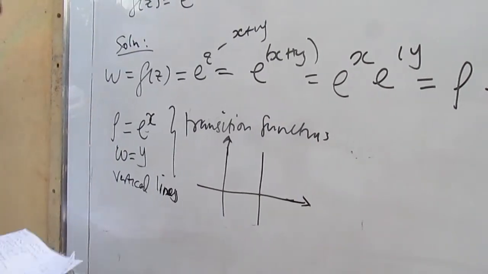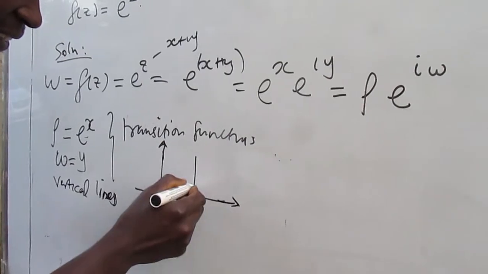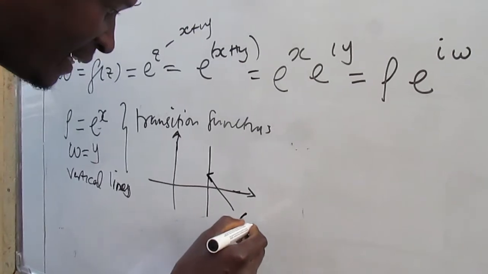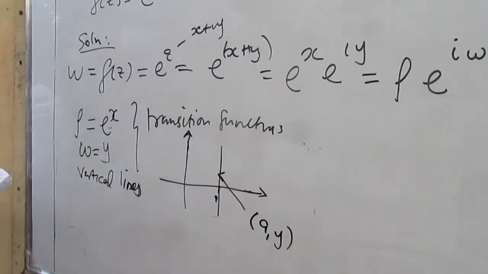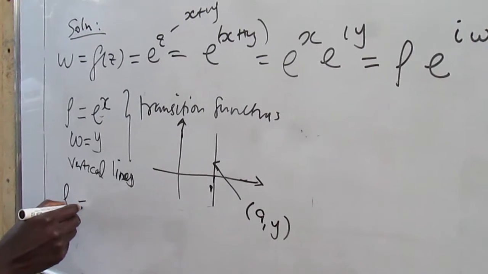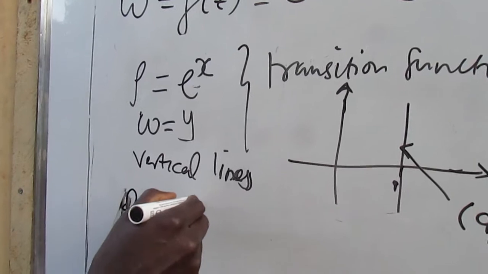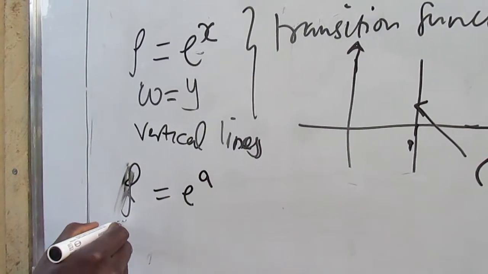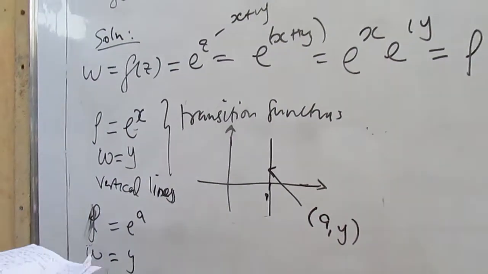And so a typical element on this line will be of the form a and some value of y, that is if this point is a. And so with that, the transformation functions become rho is equal to the exponential of a and omega is equal to y.